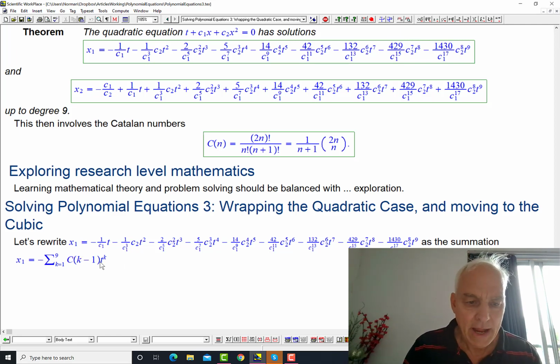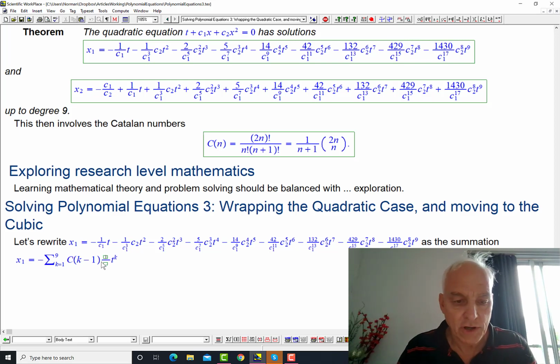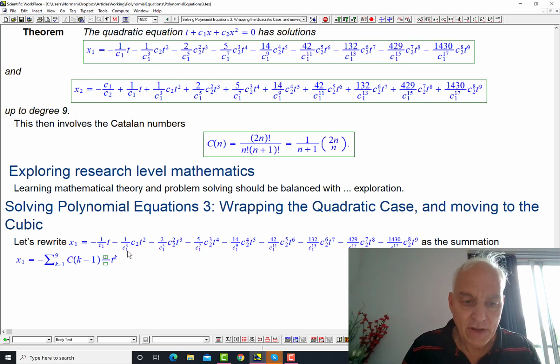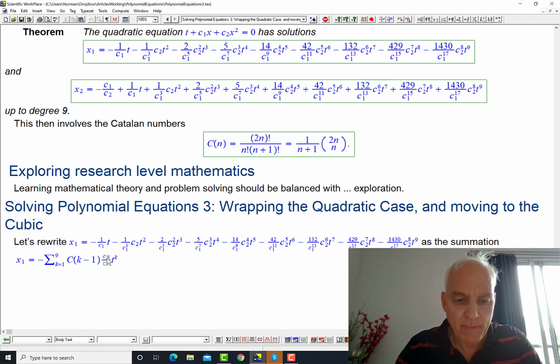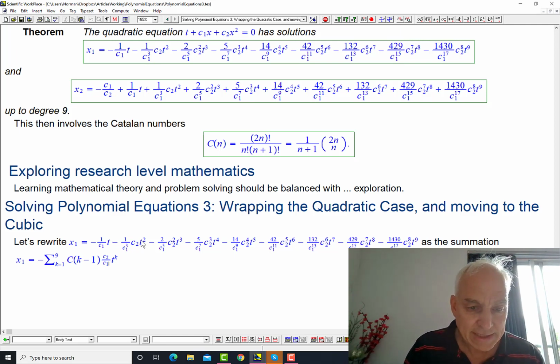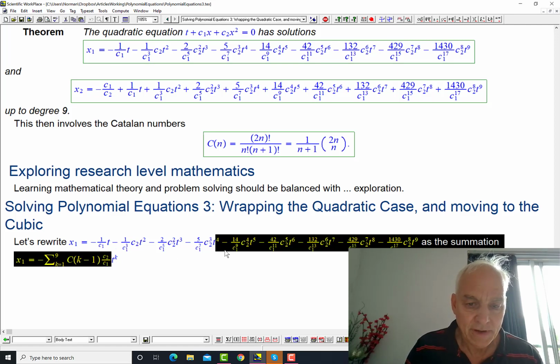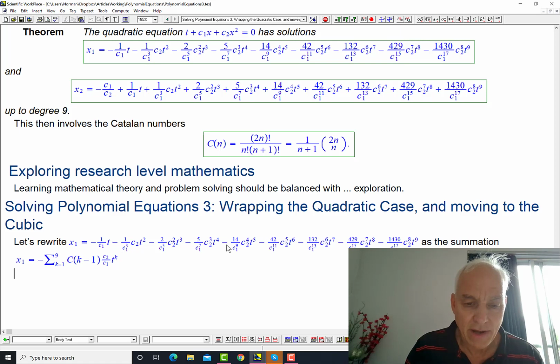All right. And then there's also this quotient of c's. So there's some power of c sub 2 on the top and some power of c sub 1 on the bottom. Let's figure out what these powers are. In case, say here, when k is 2, then the power of c2 is 1 less. And that's carrying on. The power of c2 is always 1 less than the power of t.